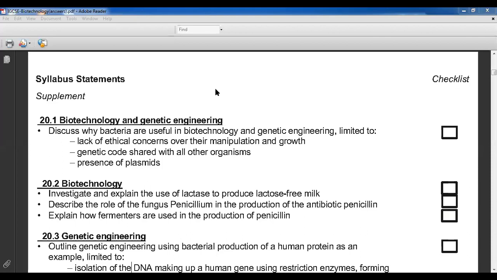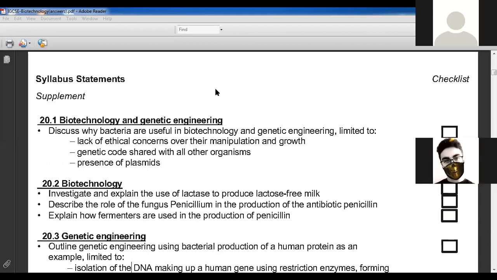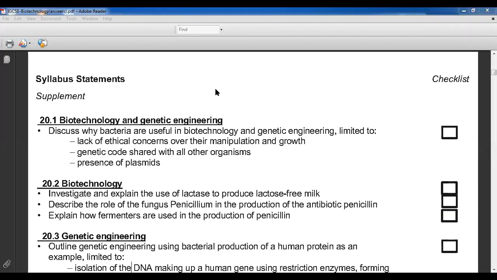Ziad, Ihab, you can see the screen, right? Yes, we can see.